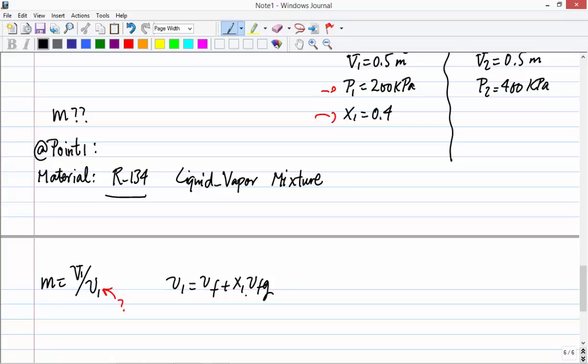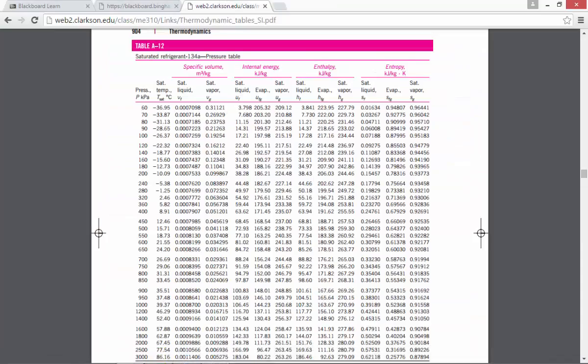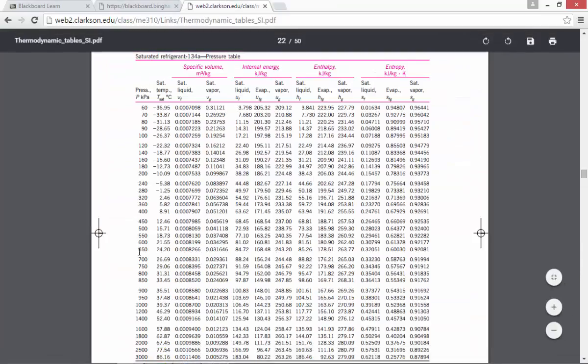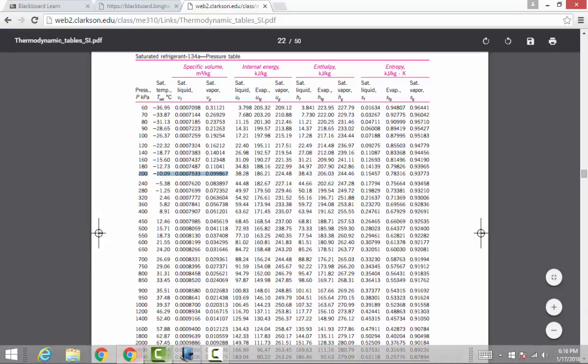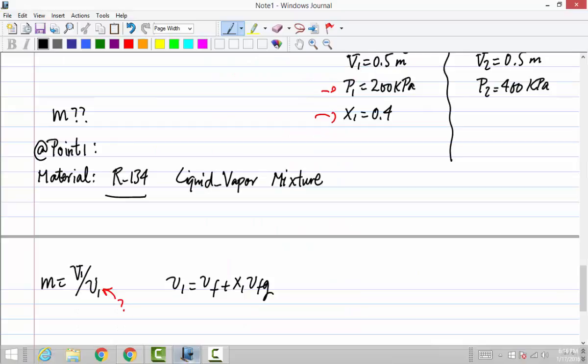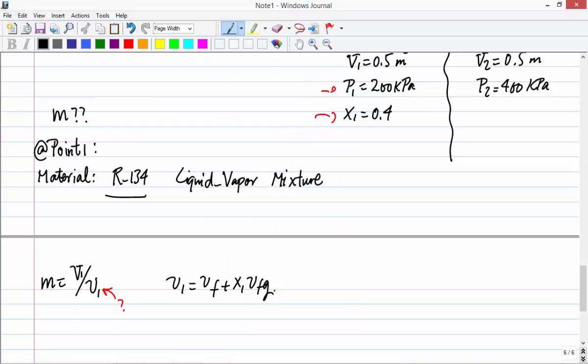So at 200 kPa, if I go to the table here, A12 at 200 kPa, where is it here? This is vf there, and this is vg. And the difference between those would be vfg. Sorry, the second one was vg.